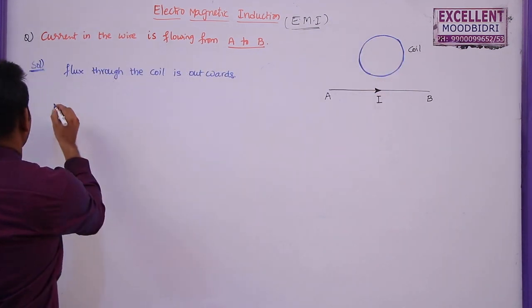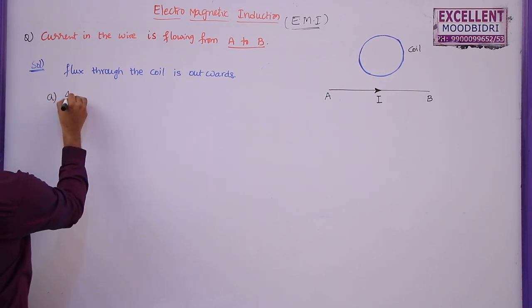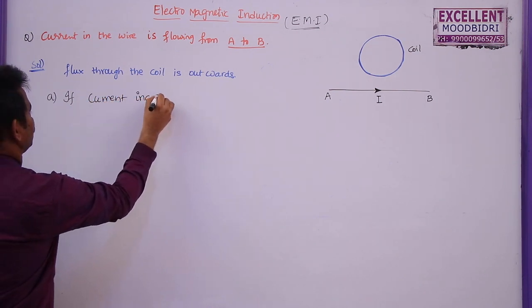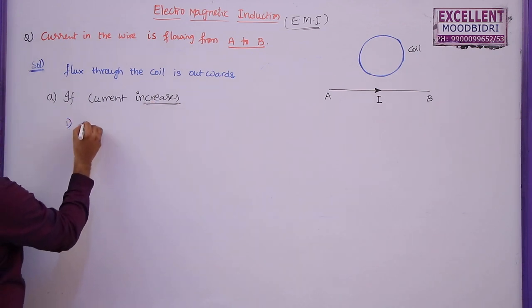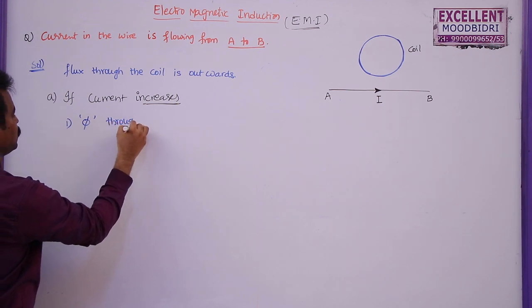But here the condition is, if the current is increasing. The first point is, if current increases, flux through the coil increases.